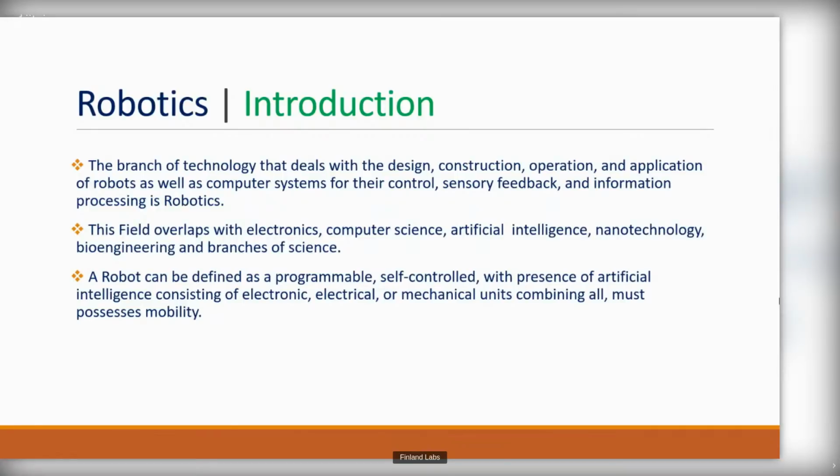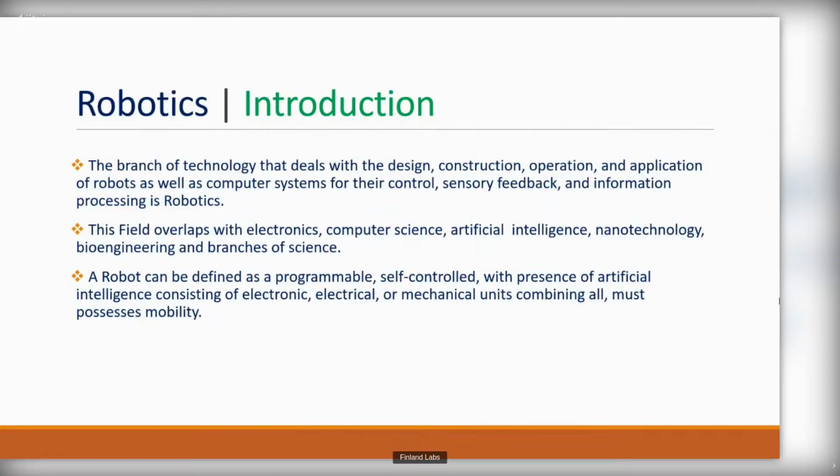Anyone can learn robotics if you have an interest. It is related to every branch, whether mechanical, electronics or computer science, but the main core branch of robotics is electronics. If you go for the hardware part, the main core branches are electronics and mechanical.